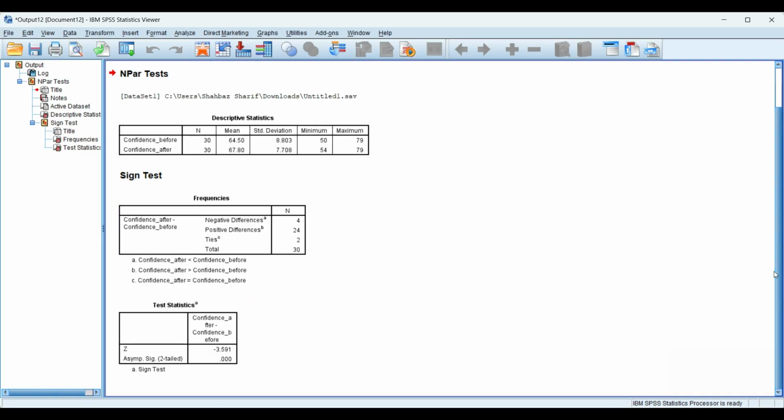On the other hand, in the test statistics, the z-value is minus 3.591 and the p-value is significant because this value is less than 0.05.